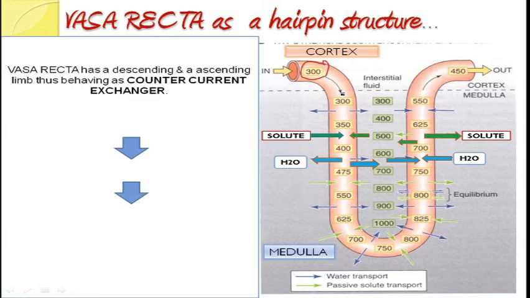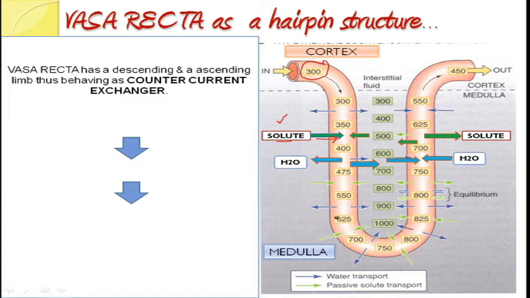As the blood descends in the vasa recta, it encounters the high osmolarity of the medullary interstitium, as a result of which solutes diffuse into the vasa recta, and there is continuous diffusion of solutes inside, because the medulla keeps becoming more hyperosmolar as we descend.